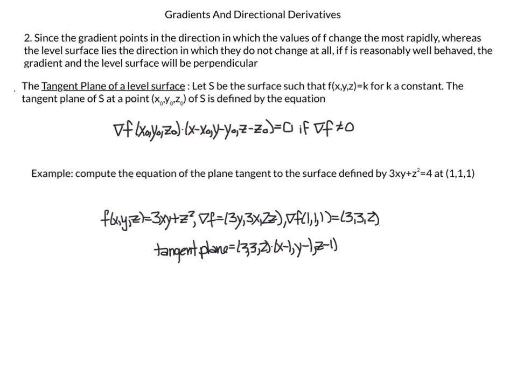So that's (x minus 1, y minus 1, z minus 1). Doing the dot product, 3x minus 3, 3y minus 3, 2z minus 2, will give us 3x plus 3y plus 2z equals 8. So this is the equation of the plane tangent to the surface defined by 3xy plus z squared equals 4 at the point (1, 1, 1).